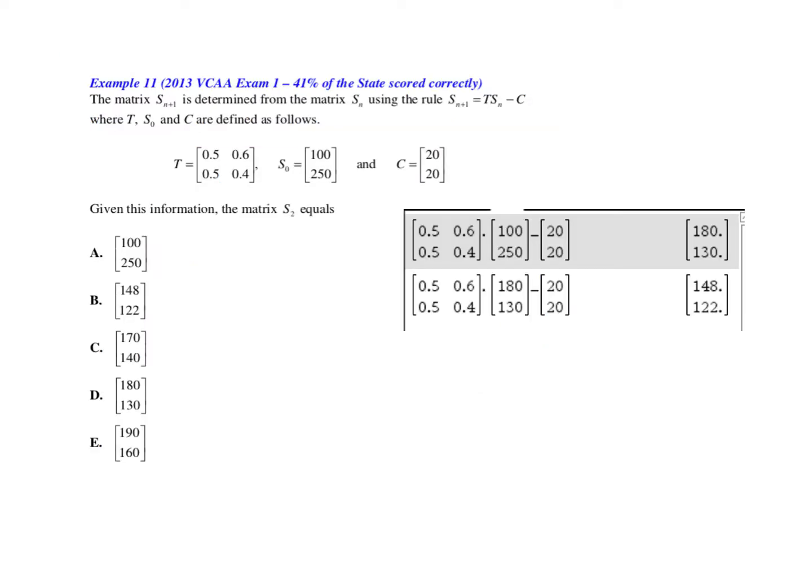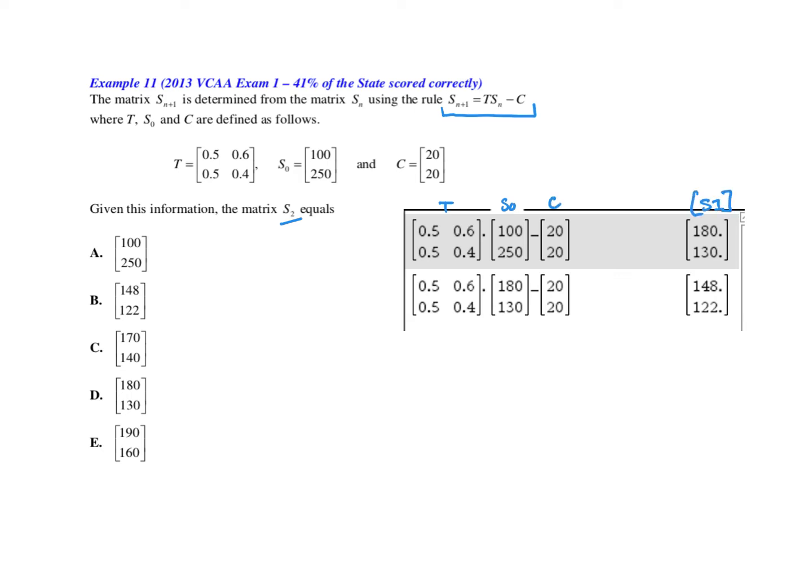Okay, the matrix S(n+1) is determined using this rule, so this is just how we get the next one. Given this information, S2 is equal to, so to get to S2, we need S1. So we can use the first one, transition times S0 minus C, and this will give S1.